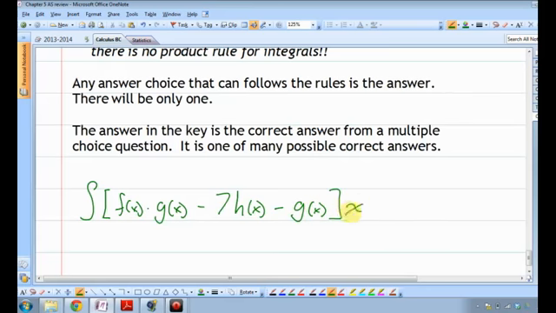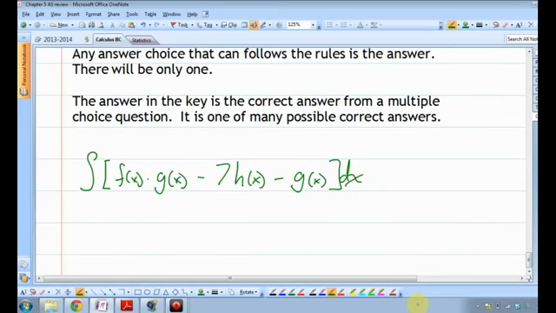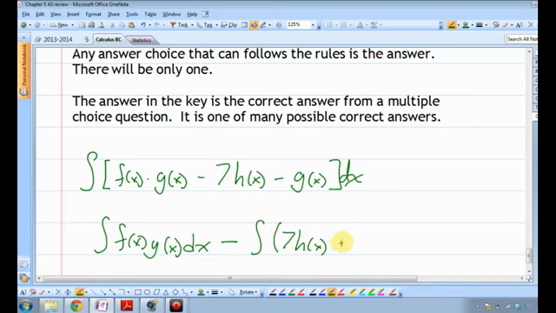Okay. dx. We separated it into these two: integral of f of x g of x dx minus integral of 7h of x plus g of x dx.